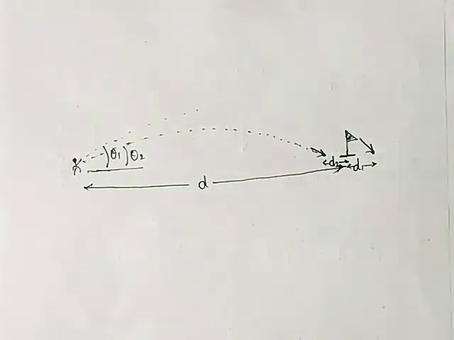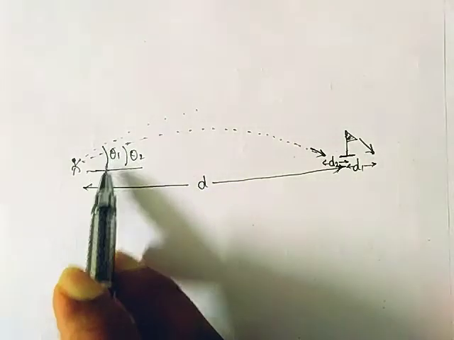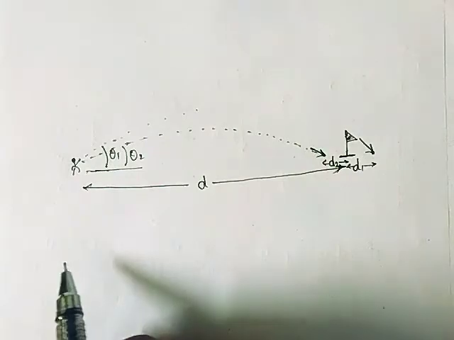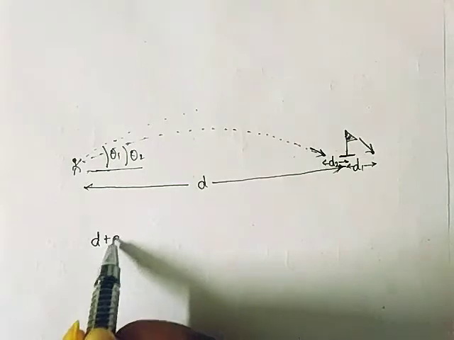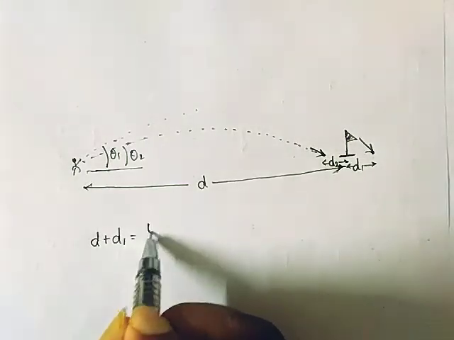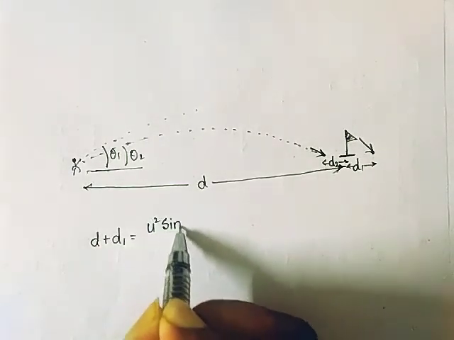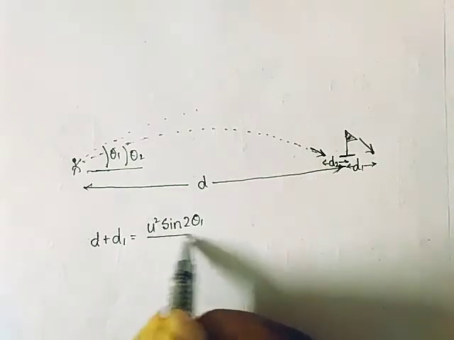The thing is that we have to find what will be the angle theta such that he can actually hit the target. So when he throws this javelin with the grazing angle theta 1, at that time he covers the distance d plus d1, equal to u square sine 2 theta 1 divided by g.